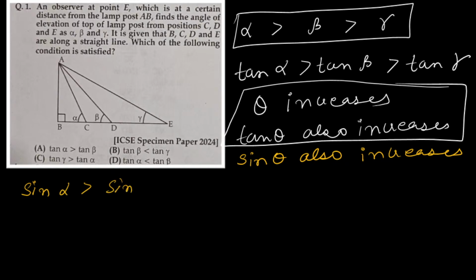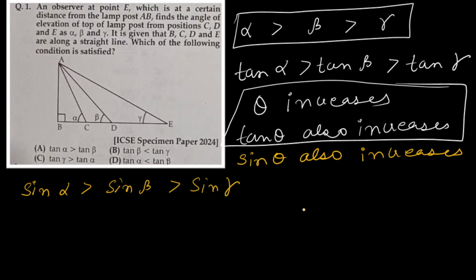Sine theta also increases with angle. So sine alpha will be greater than sine beta, greater than sine gamma, because you can see the standard angles.